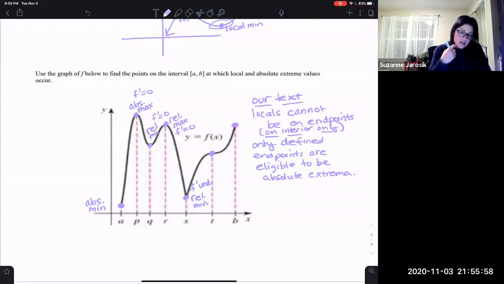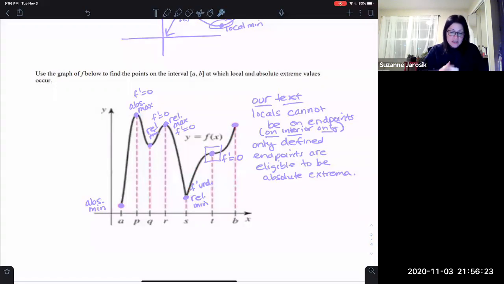And then if I talk about this right here, your f prime would actually equal 0, but we don't have a local max or a min because this is on an entire continuous increase only.